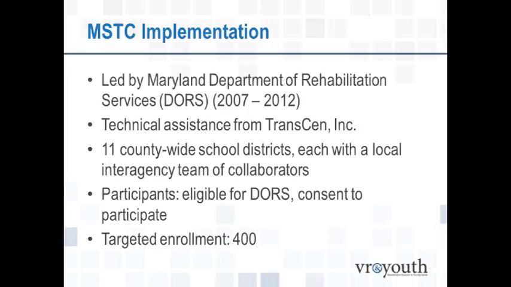And in order to ensure fidelity of implementing the model that I described in the previous graphic, the model had available to it technical assistance from a nonprofit agency, Transcend Incorporated, which has a lot of experience in implementing and evaluating transition programs. The role of Transcend was critical because it enabled, with a relatively high degree of confidence, that each of these 11 school districts would be implementing the model in the way that it was intended.